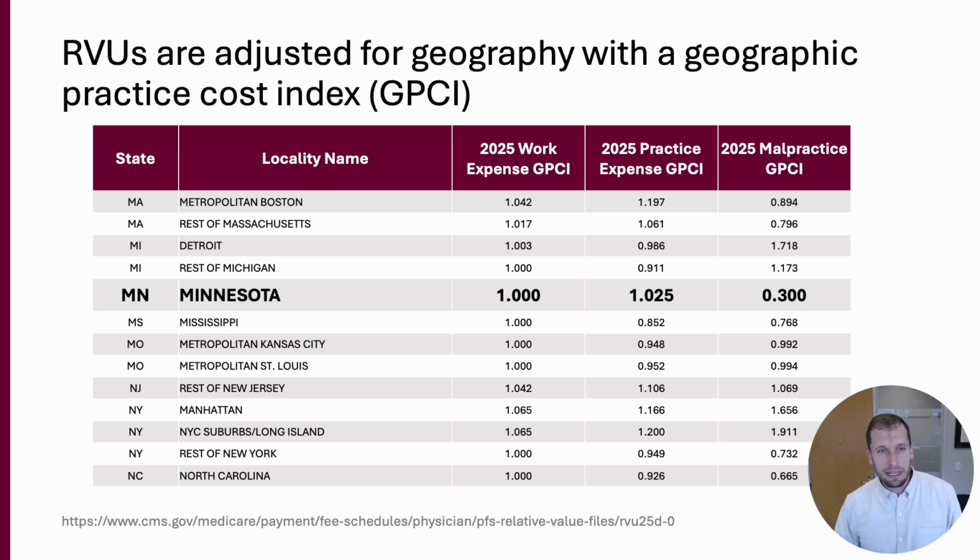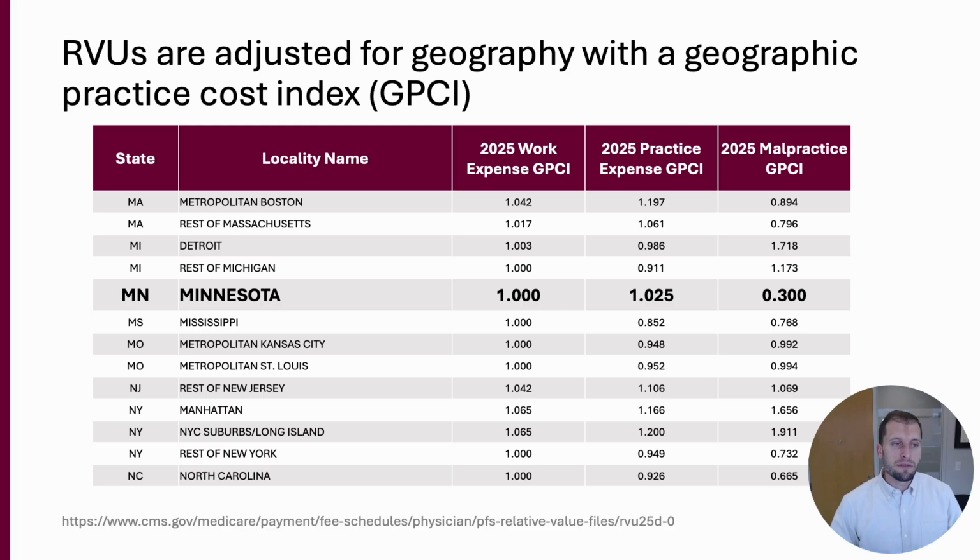So Minnesota has the standard base work expense GPCI, saying that wages here aren't particularly high. Okay, so fair enough. And we could see some other places where they might be a little higher.